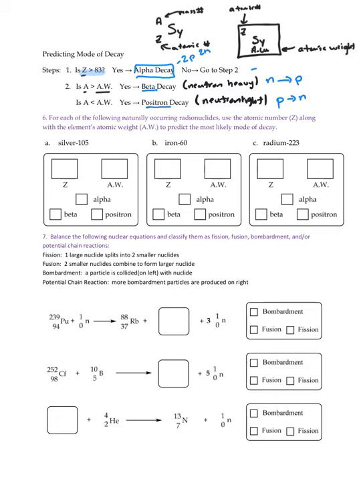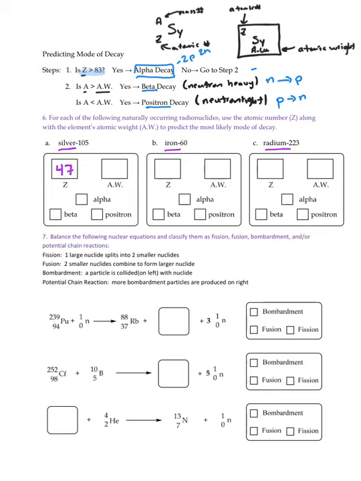And so going through this, and by the way, these are the first 3 from the online exercise where you're predicting. What you want to do is simply use your periodic table and the first thing you want to do is look at your element: silver, iron, radium. Go to the periodic table, look up their atomic numbers.